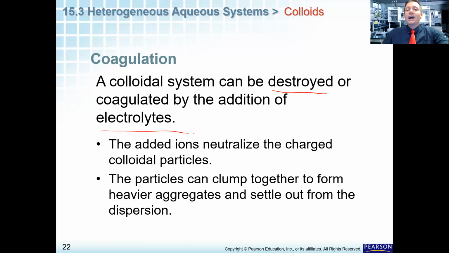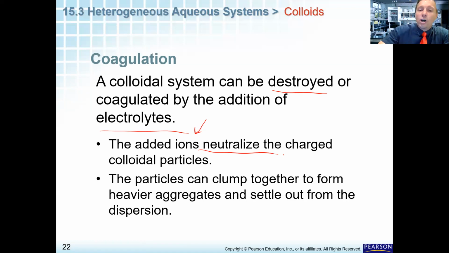So adding ions, so if you added salt or you added some form of a salt, sodium chloride or calcium chloride or potassium chloride, something of that nature, it will actually cause it to neutralize the charges, because remember, when you have a salt added, you have positive and negatives. Now you've neutralized it because it's going to cause an attraction to the opposite.